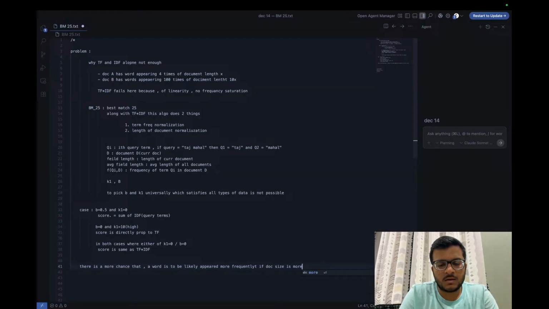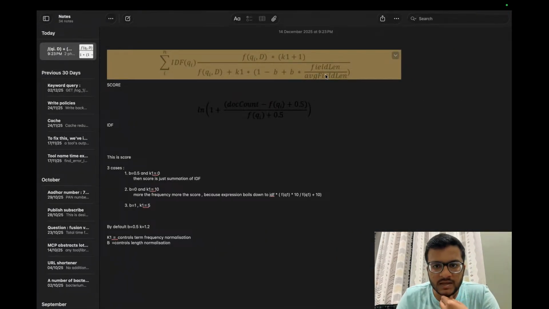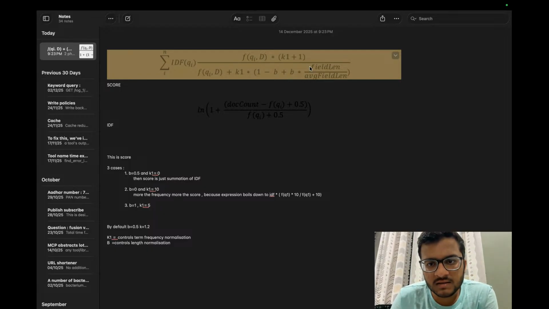That's what we have seen, right? Because by increasing doc size, let's say for a doc d, the average field length, let's assume it's constant for every doc, because that's the average, right? So why are you dividing by field length? To penalize the length.